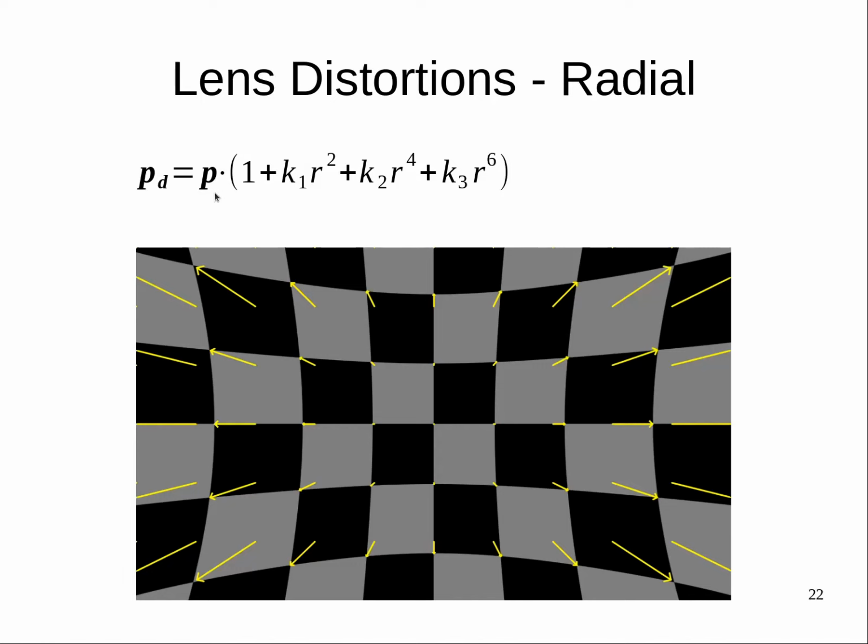Well, we start with an undistorted 2D point P and obtain a distorted point PD. And we do so by multiplying the point with this bracket. And why exactly this one? Well, we actually require surprisingly little about the function which we model here, because this bracket is just a Taylor expansion of some arbitrary function of radius.